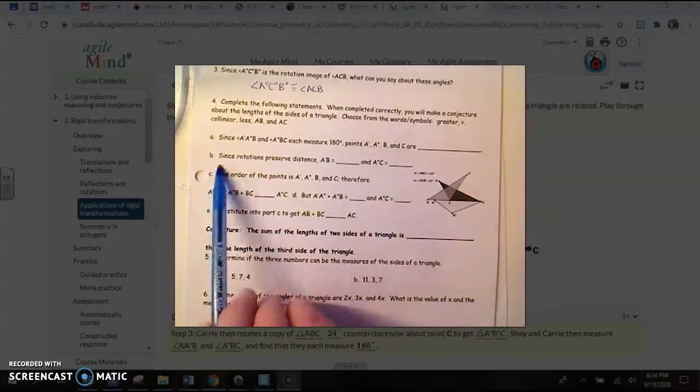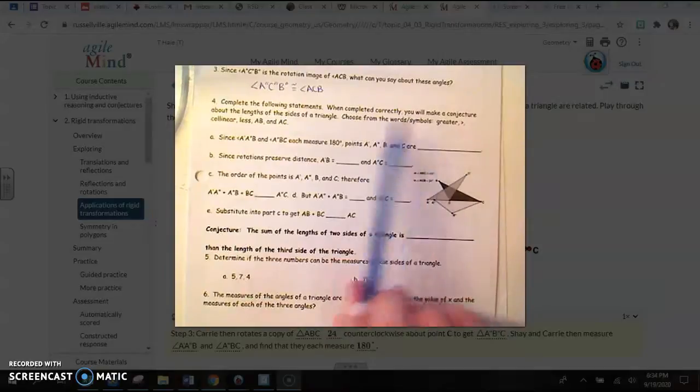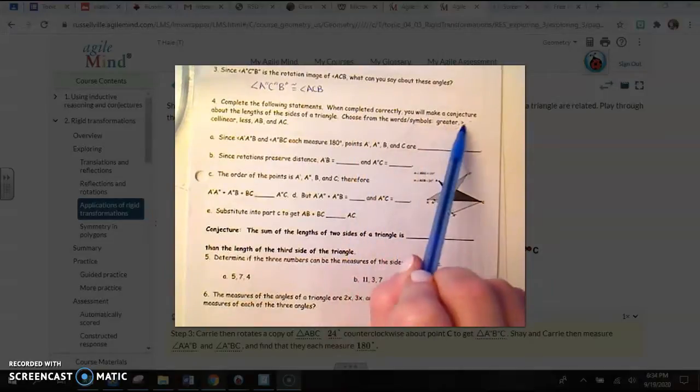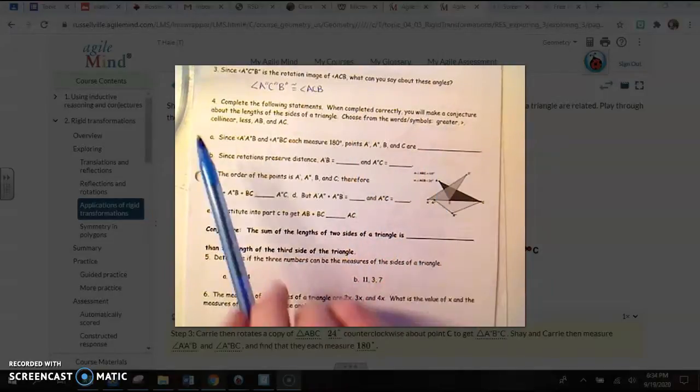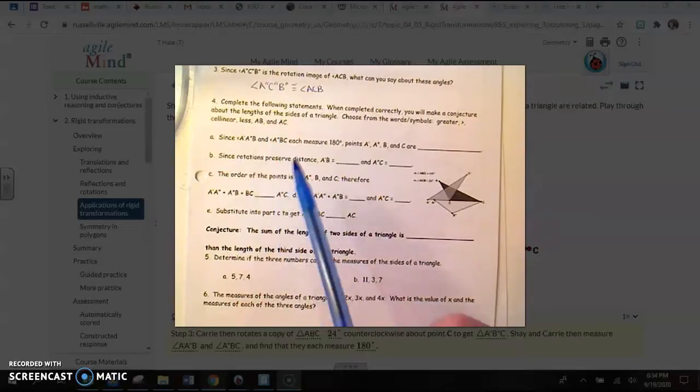It says on parts A through E that these are our word choices. We're going to choose from the word greater, the symbol greater than, the word collinear, less, AB, and AC. And those are lengths, since they don't have the segment bar above them.